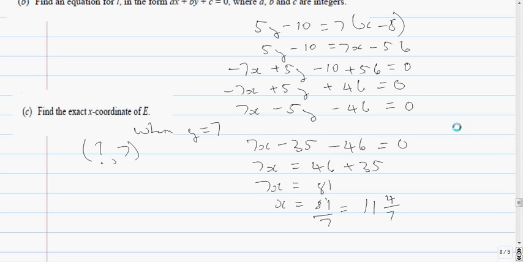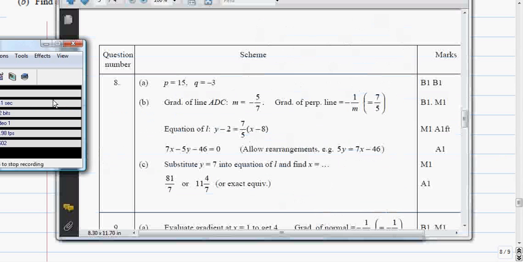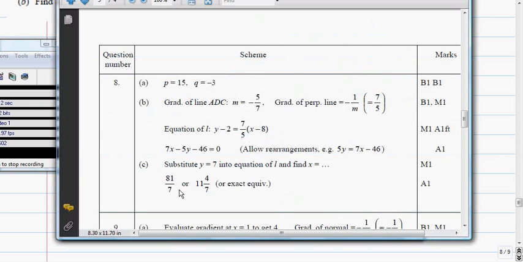Okay, I'll just pause there. Okay, so there you can see the answer. 11 4/7, or we could have had 81 over 7 is correct. Okay, good.